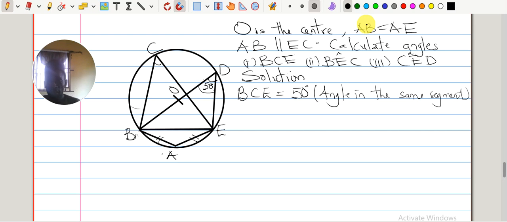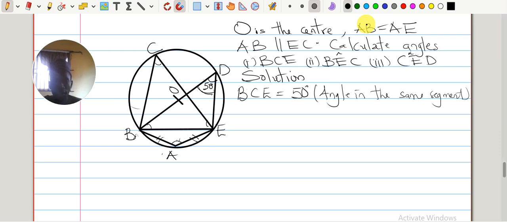The second question says calculate BEC. B, E, C, okay? Now to determine this one, when you look here, we have my BDE, which is cyclic quadrilateral to this one.